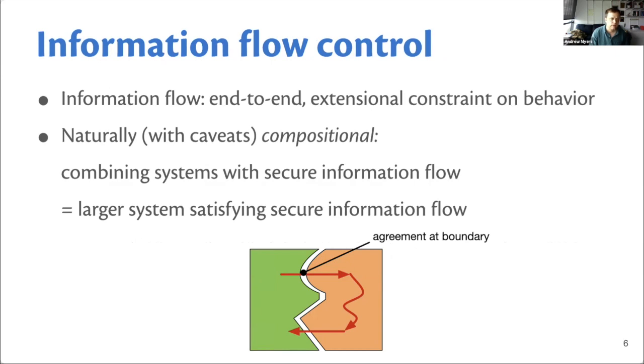And so as a result, when you put 2 different things together, whether they're smart contracts or even just functions making up a smart contract, and the things you're putting together already obey the rules on secure information flow, then when you plug them together, with some caveats, like the fact that they should agree with each other at the boundary where they're being composed, then you expect to get a secure, larger system.